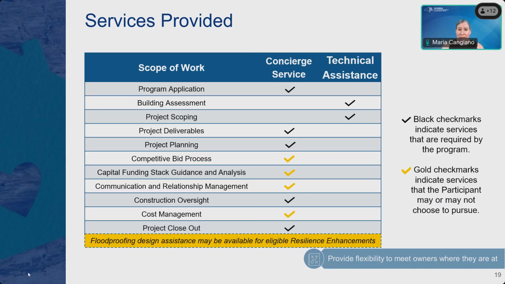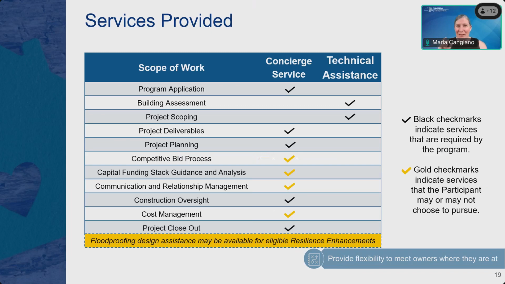For the concierge service, that may include the program application and the compliance guidance, capital funding guidance and/or analysis, installation, the contractor selection support and the construction monitoring and project closeout. Again, that in addition to the building assessment and the project scoping are those are the optional services.